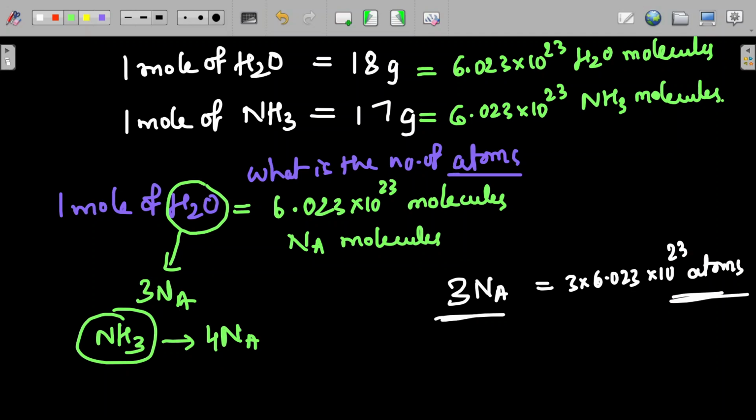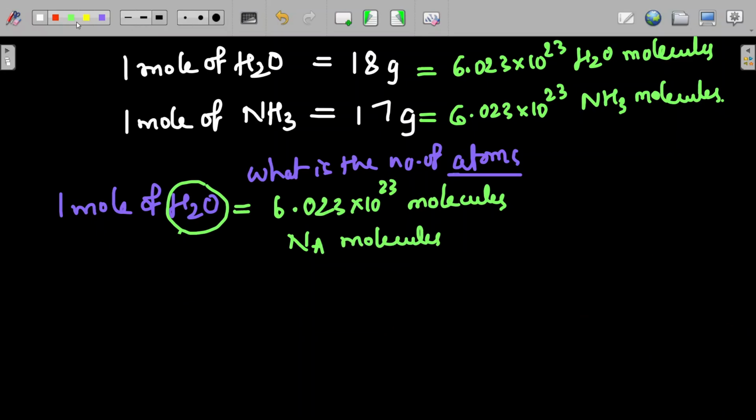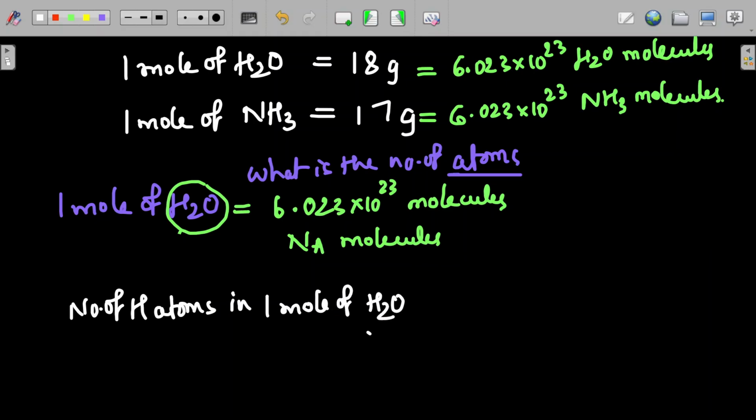In that also they may ask you what will be the number of hydrogen atoms or the number of nitrogen atoms. Say for example, I will change this: number of hydrogen atoms in 1 mole of water.